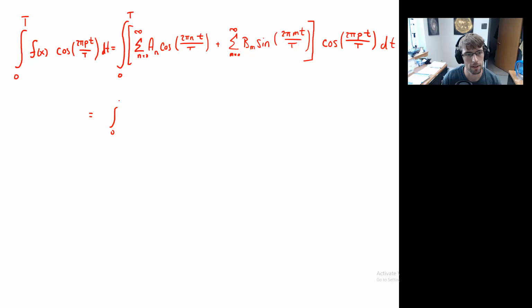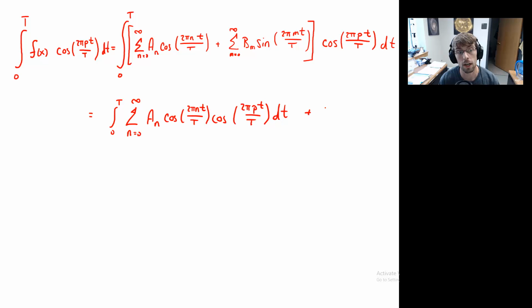So you can think of this as the integral from 0 to T of the summation n equals 0 to infinity of a_n cosine of 2 pi n t over T, and the cosine of 2 pi p t over T dt.